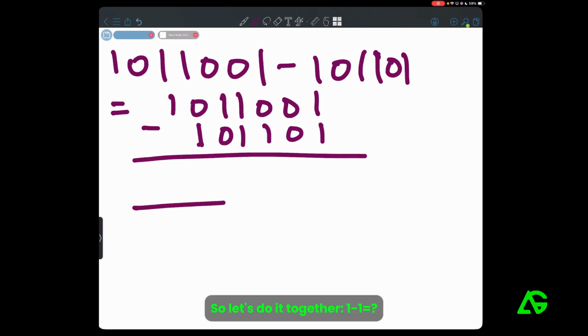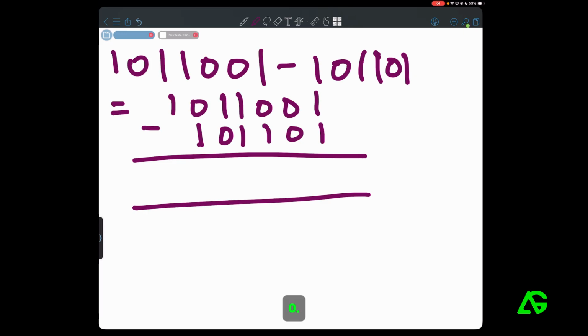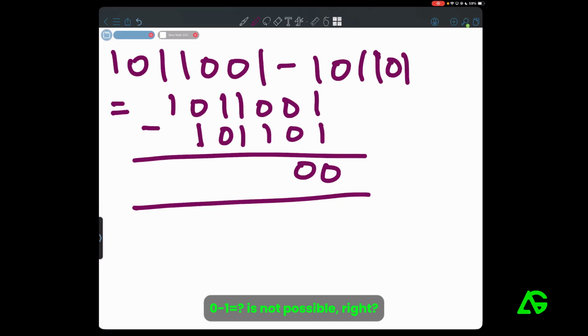So let's do it together. 1 minus 1 is what? 0. 0 minus 0. 0 minus 1 is not possible, right? So borrow from this to this. So this one will become what? 2, right? Let me just indicate it. So that means we have 2 minus 1. 2 minus 1 is what? 1.